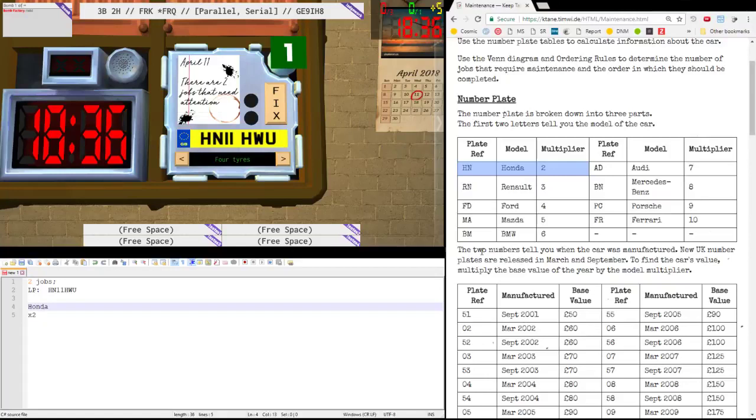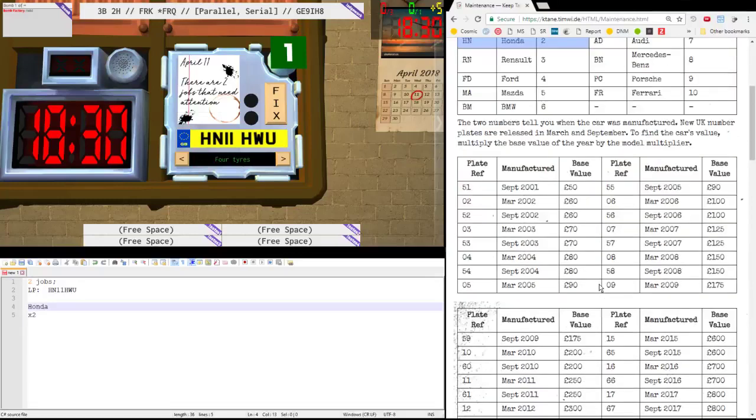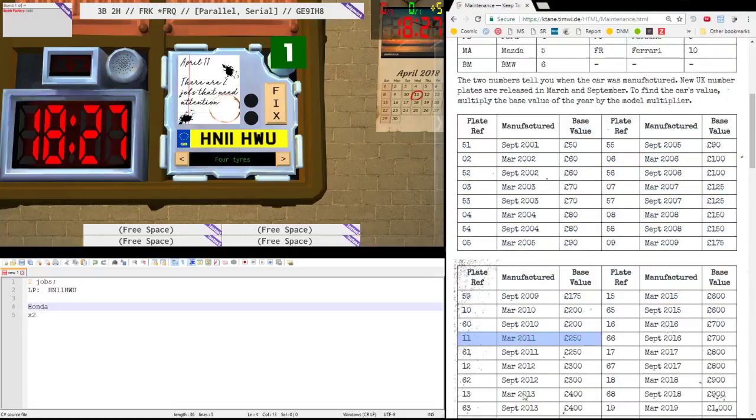Next, the two numbers tell you when the car was manufactured. 11 in this case tells us it was manufactured March of 2011. March 2011 also gives us the base value of the car, $250, or 250 pounds rather.